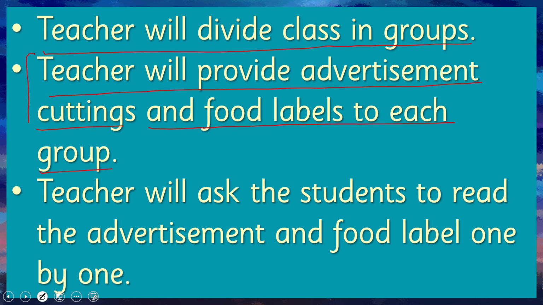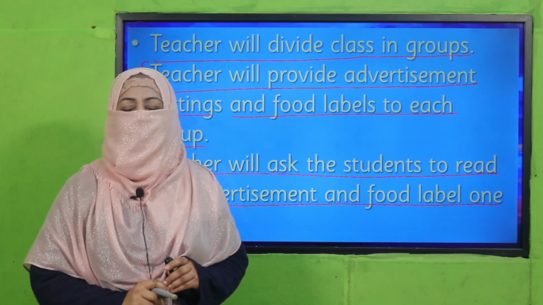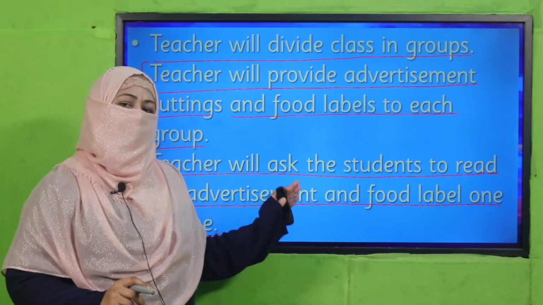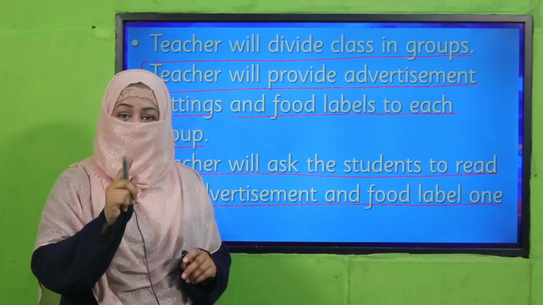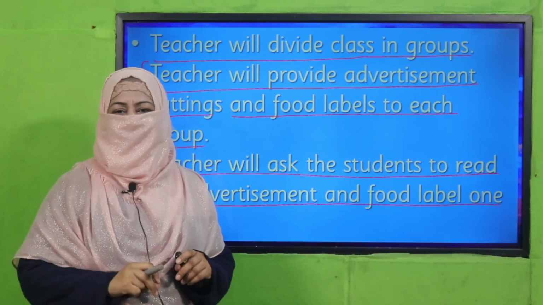Teacher will ask students to read the advertisements and food labels one by one. And teacher, I request you, because it's grade 2, select the content accordingly for the grade 2 level. Pause the video, enjoy this activity. All of you are going to read advertisements and food labels, and when you are done, kindly come back.